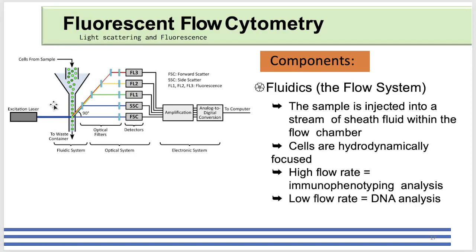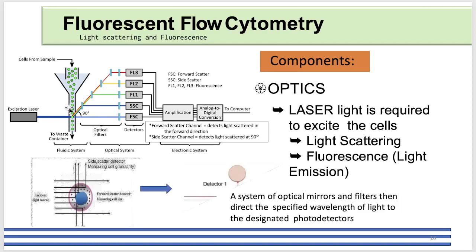Yung fluidic system natin, the sample is actually injected into a stream of sheath fluid within the flow chamber. Of course, dito dadaan yung ating cells. And then, cells are hydrodynamically focused. If we are talking about a high flow rate, that is used for immunophenotyping analysis. Once it is a low flow rate, that is basically for your DNA analysis.